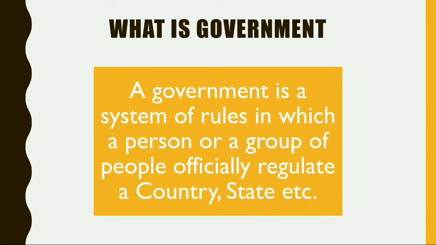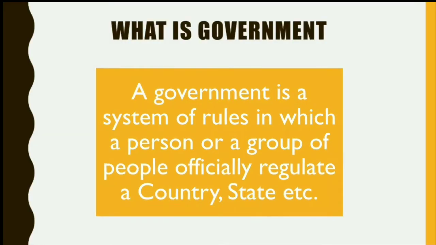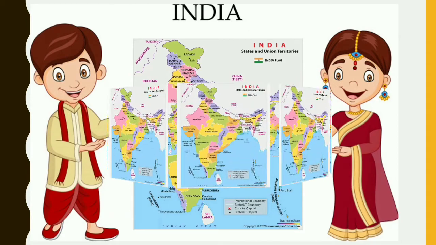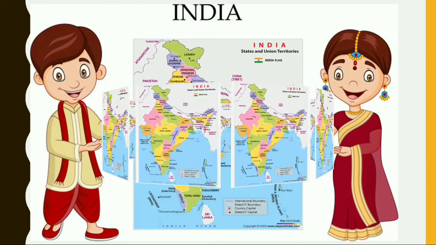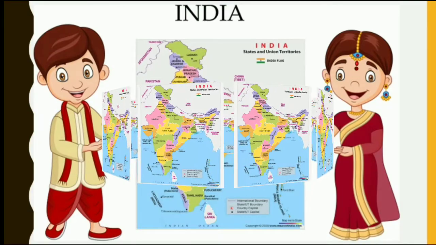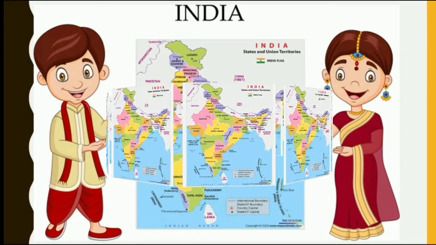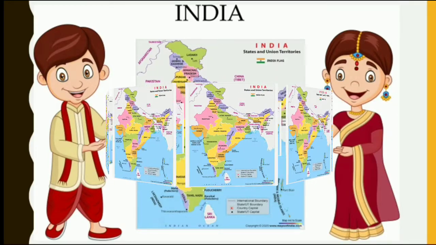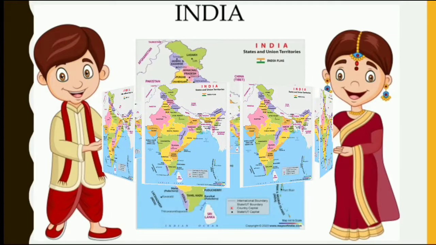Now the next question is, what is government? A government is a system of rules in which a person or a group of people officially regulate a country, state, etc. As you know, India is a large and diverse country. The needs of the people, their issues and the problems that they face also differ from region to region, from one area to another.